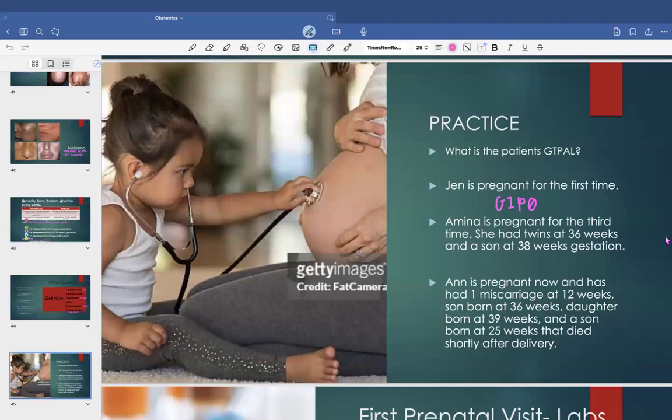I heard their rationale, that makes sense. It says living children. I need to look at that, but I got this offline. They were alive when born, so I would count it in the preterms and not the living.